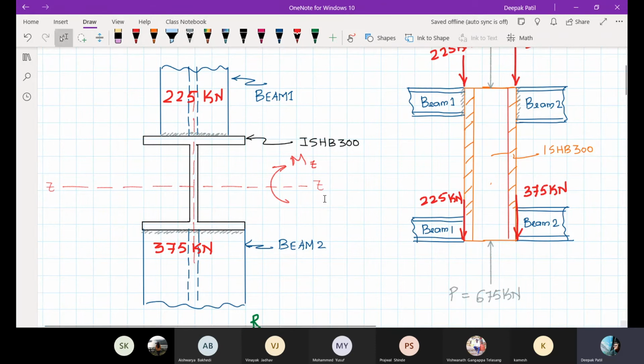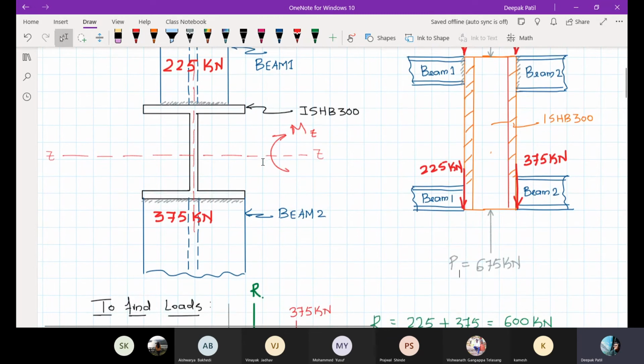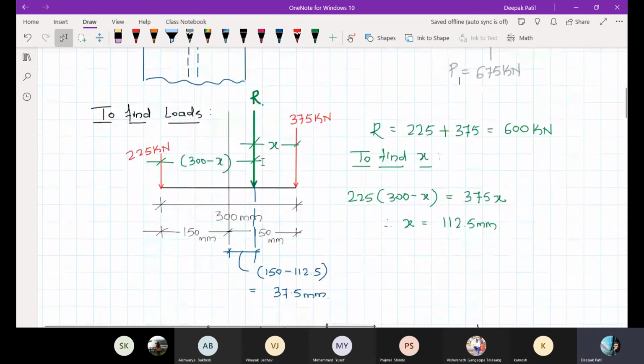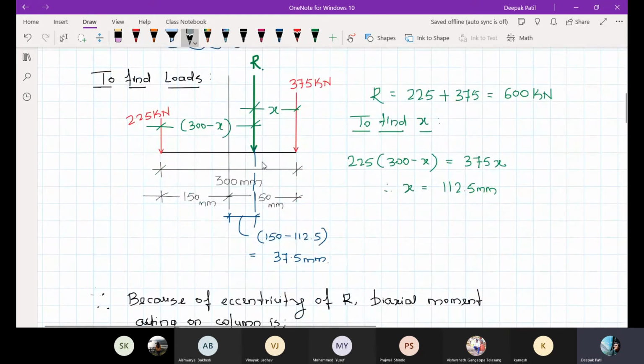Okay, let me explain. Now, some things are running in your mind, but let me clear that part. See here, I'm going to take this as 300. That is the total depth of the ISHB 300. This total distance is 300 mm. So on this side, there is a reaction of 225 kilonewton, and on this side, there is a reaction of 375 kilonewton.